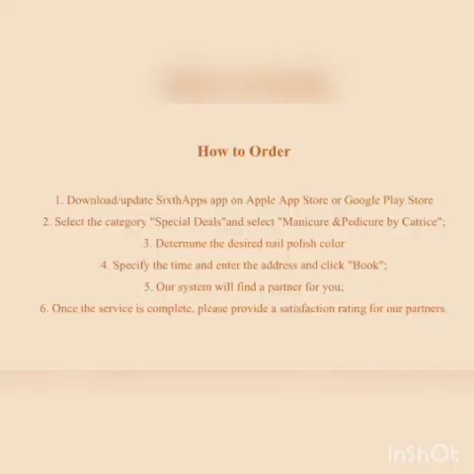How to order? First, download or update the application on the Apple App Store or Google Play Store. Second, select the category Special Deals and select Manicure and Pedicure by Catrice, and determine the desired nail polish color.